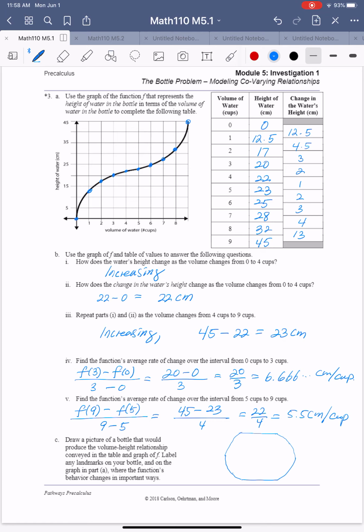At the beginning it was higher, and then the volume gets more and the height gets smaller, up to this point. And then when the volume is the same but the bottle gets smaller, the height is getting higher and higher. So both are still increasing. Okay, that's the kind of bottle you can think about. All right, thank you for listening.